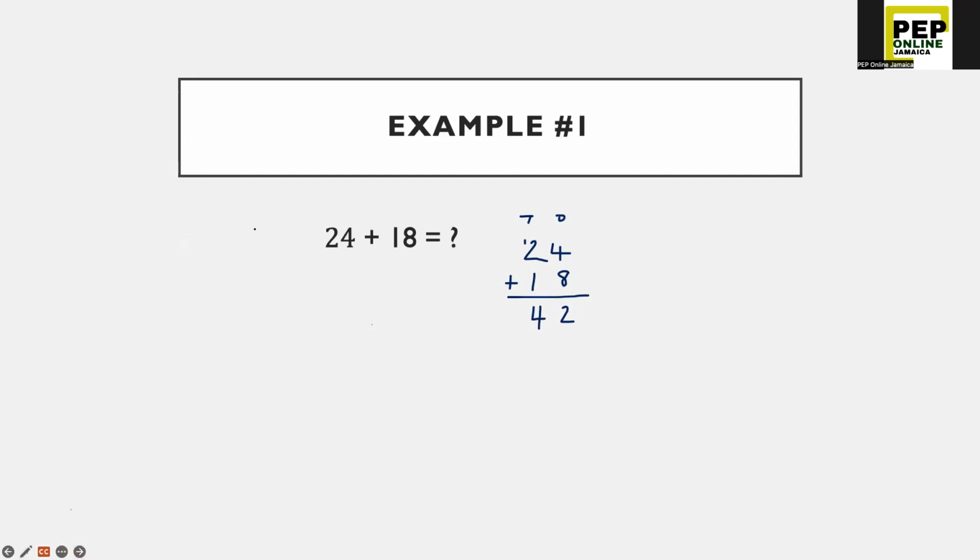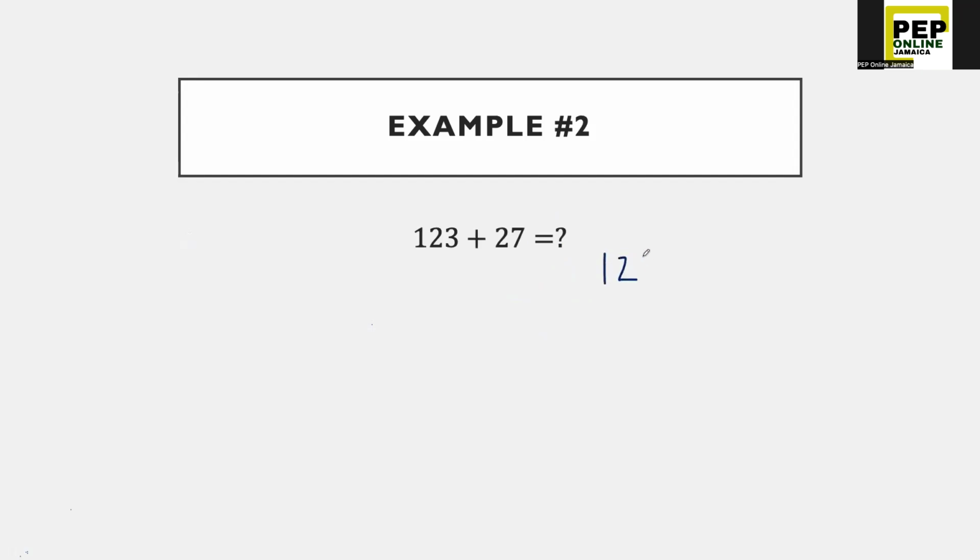All right, good. So let's move on to example number 2. We have 123, and we'll be adding that to 27. Let's go. 7 plus 3 will give us 10.